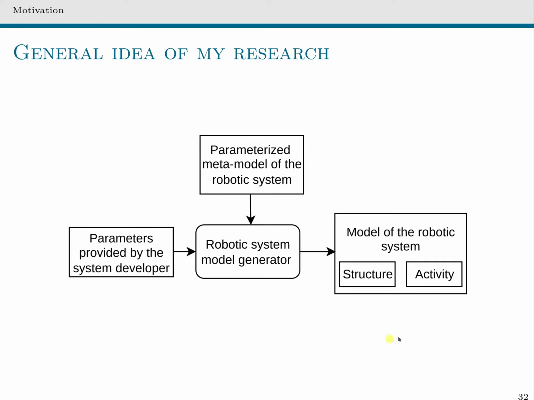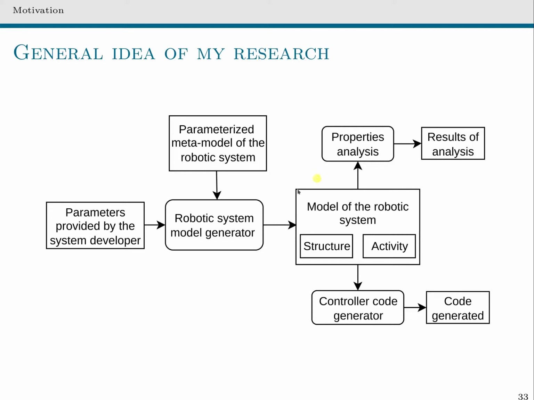So the general idea of my research is focusing on providing the parameterized meta model for the robotic system and providing appropriate parameters, which together will be the input to the robotic system model generator. When the generator finishes its task, it creates a model of the robotic system, both the structure and the activity. Then this model can be utilized to analyze the properties of the system and to generate the code for the system.